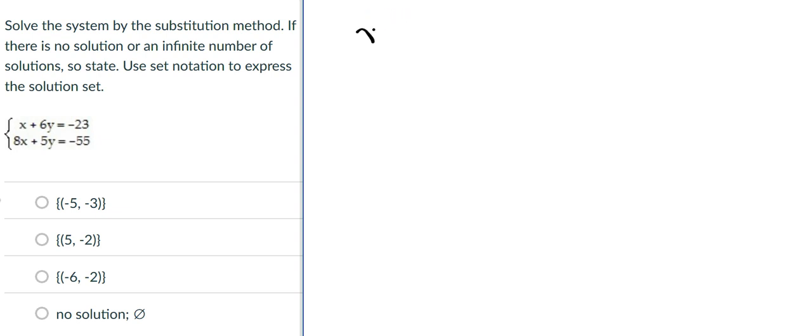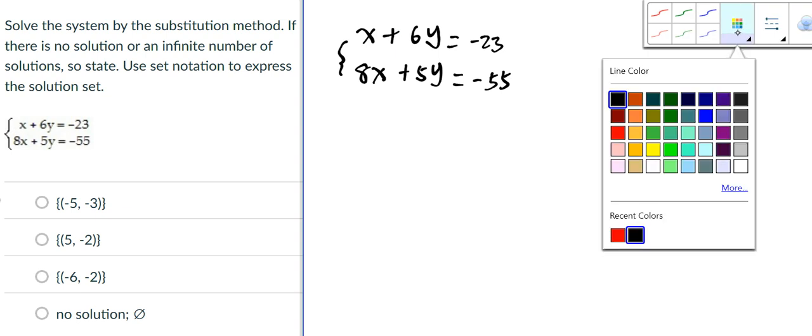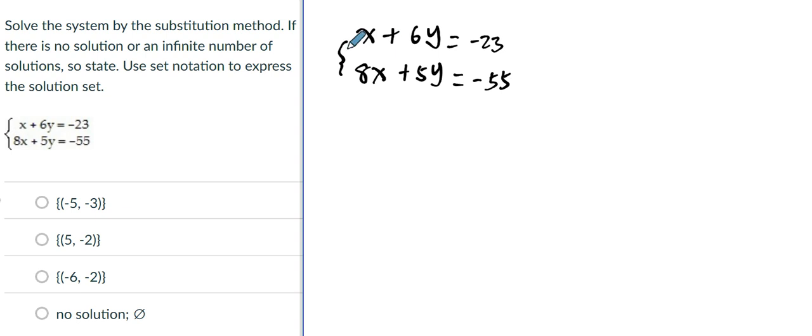So we have x plus 6y is -23, and 8x plus 5y is -55. So in this case, we see in front of x there is a 1.